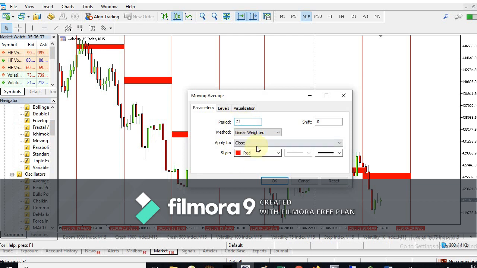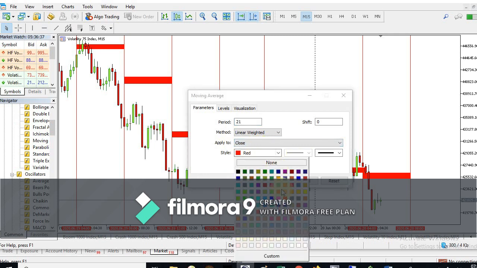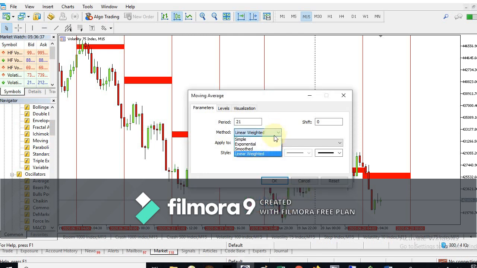And we might color it yellow or gold. And this is our 21 EMA.